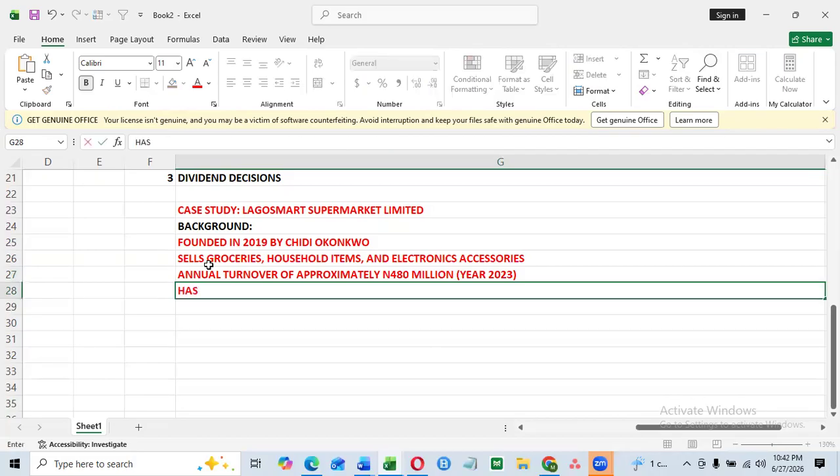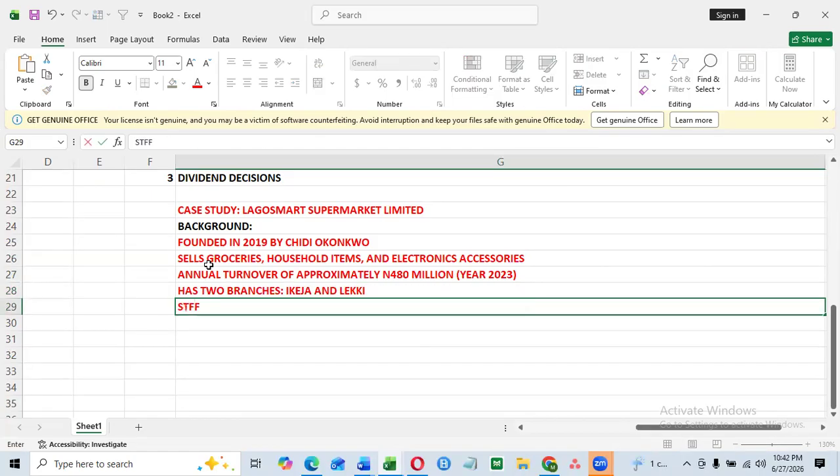The company has 2 branches, Ikeja and Lekki, and a staff strength of 45 employees.